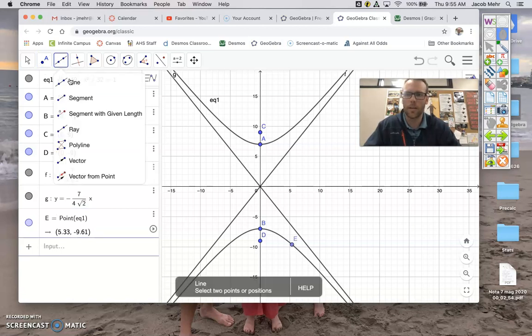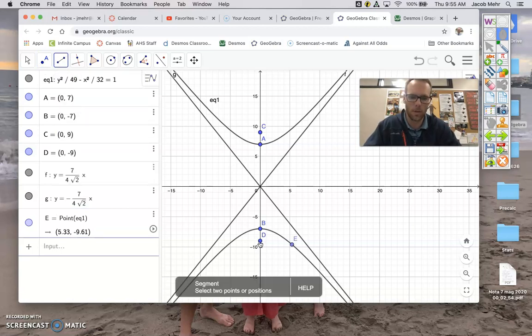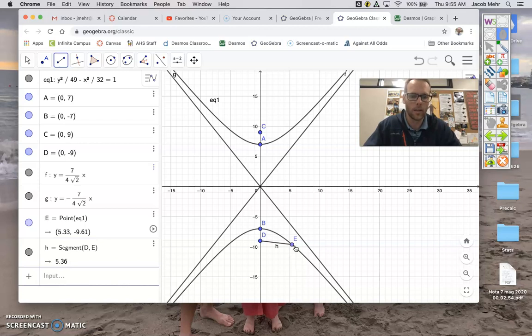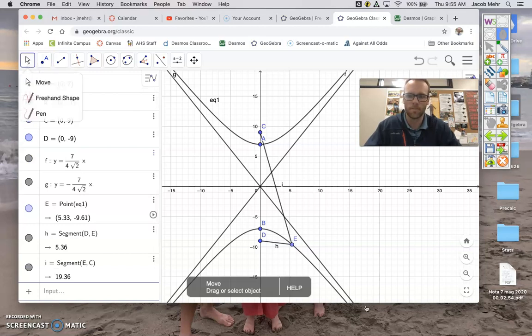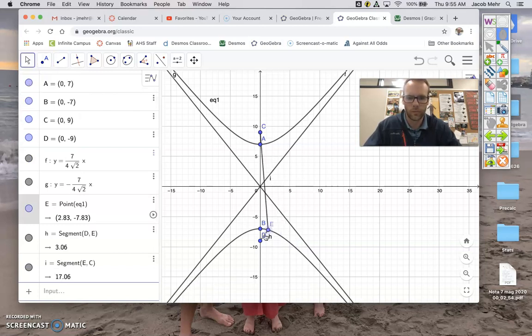And just like with the ellipse, I'm going to run a segment from D to that point, and then from that point on the hyperbola to the other focus, just like this. All right. Now, here are those distances, 7.65 and 21.65.